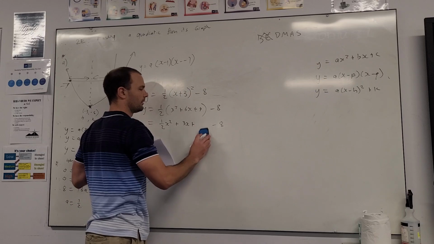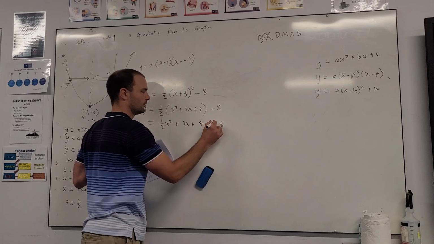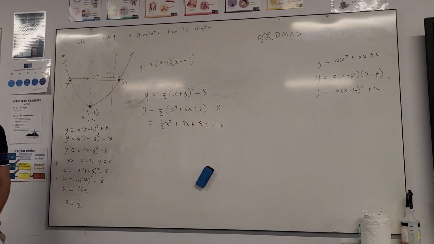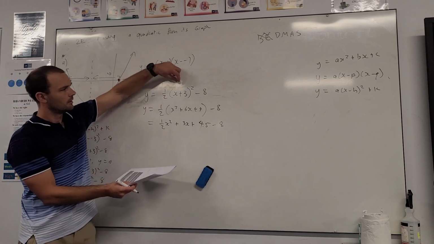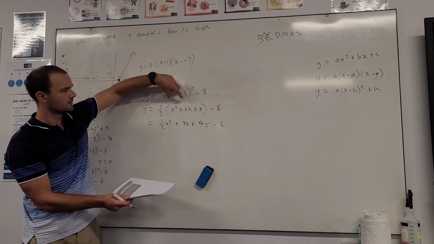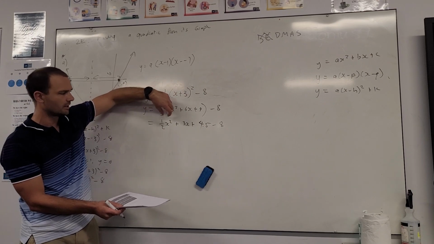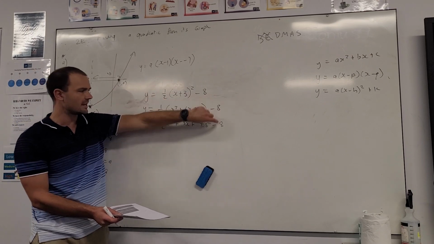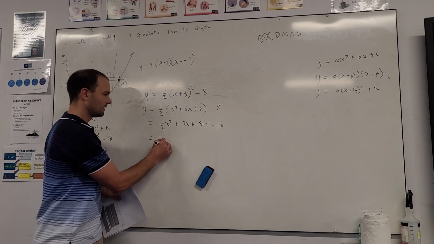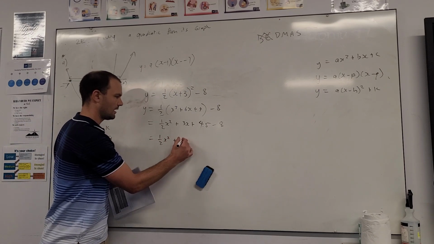I reckon let's put 4.5, because it's going to make more sense for you in a moment when we subtract 8. So we did brackets, exponents, division and multiplication, now addition and subtraction. What can we add along here? Well, the only like terms are these last ones. 4.5 take 8, minus 3.5.